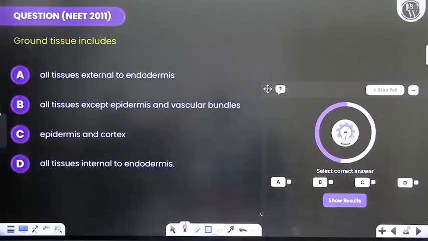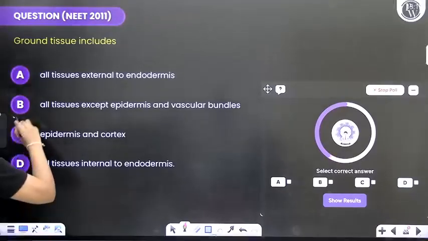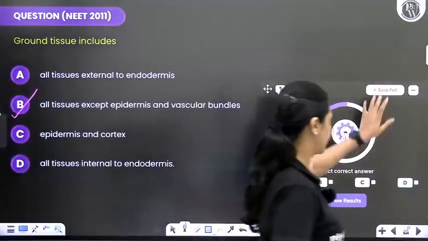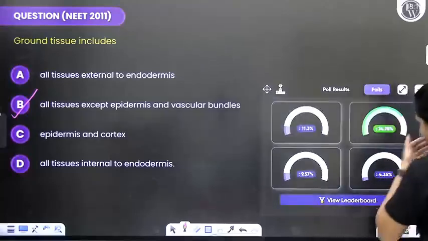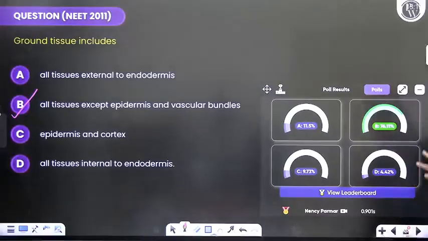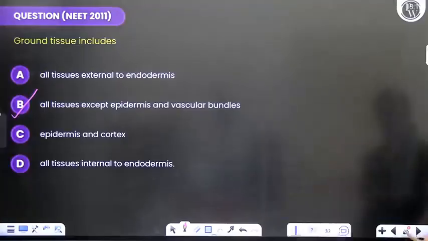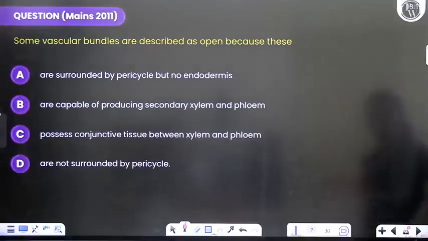Ground tissue includes all tissues except your epidermis and vascular bundles. So option B is the correct answer. Nancy, Taufik, Alisha, top 3. Alisha is also doing very well.